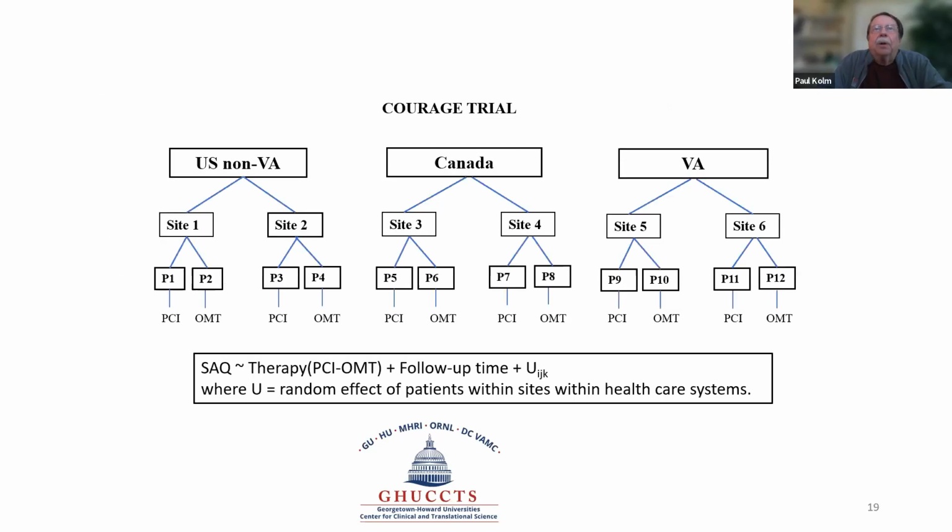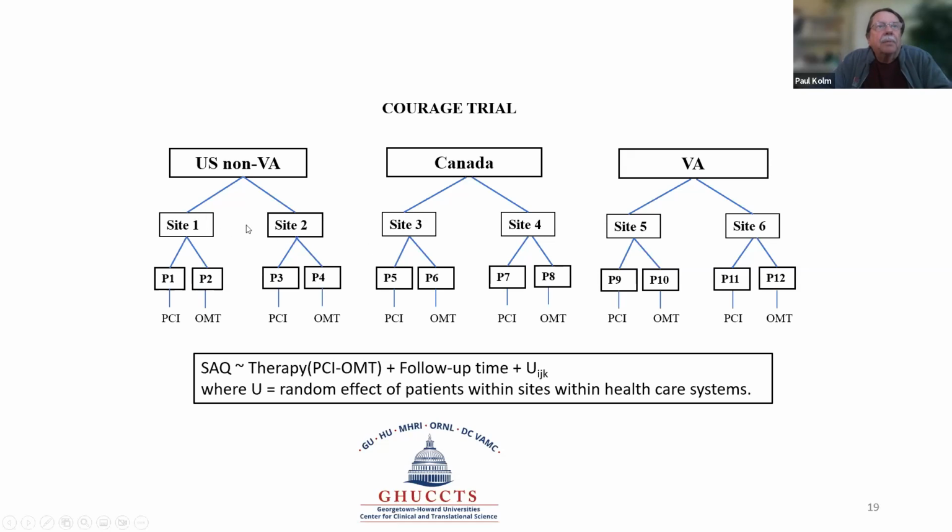And so here's an example from the COURAGE trial from some years ago, where we have random effects for healthcare system, the US non-VA Canadian healthcare system, and then the VA healthcare system. And then within each healthcare system, we have different sites.